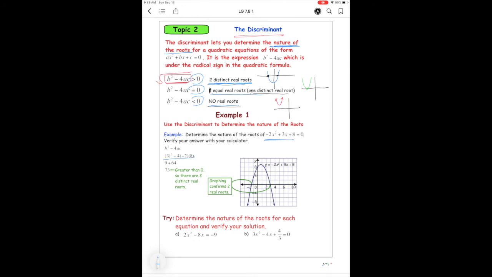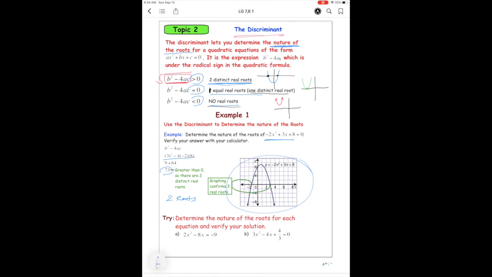Okay? So here's an example I just did. I took this guy, I put it into the nature, and out came 73. Well, I know if it's 73, there's going to be 2 roots. Okay? 2 roots. And I just checked it here with the calculator.